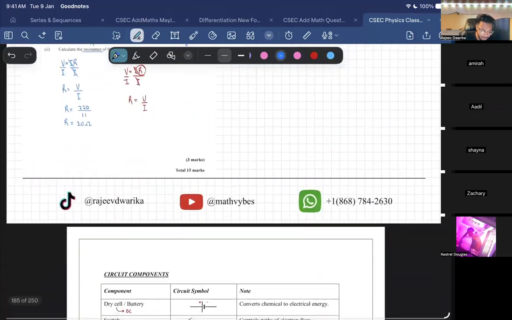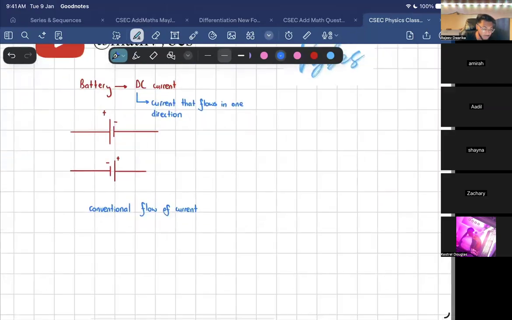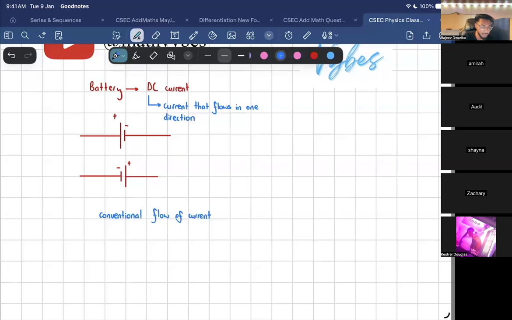Do you all understand that in a circuit, electrons will flow? If you don't understand that, just tell me, that's fine. When you power on a circuit, there's a flow of electrons.